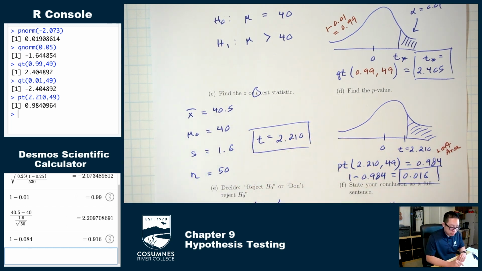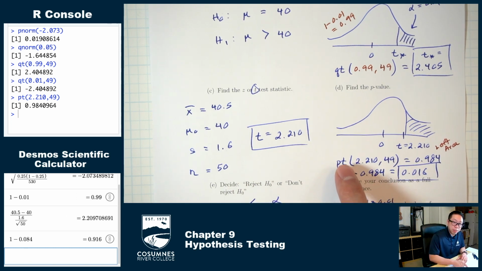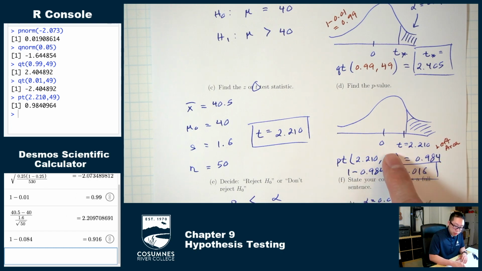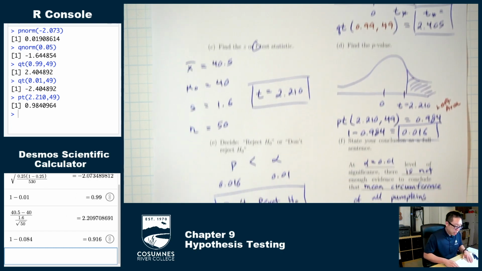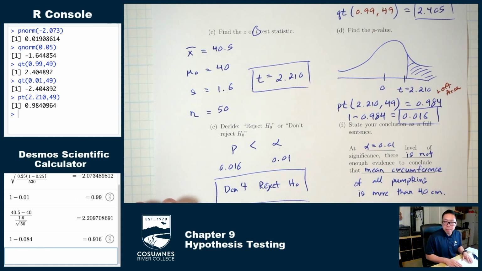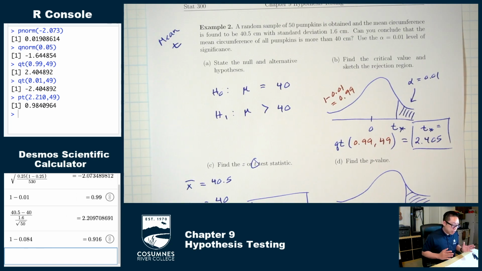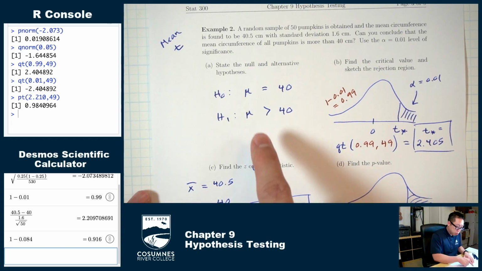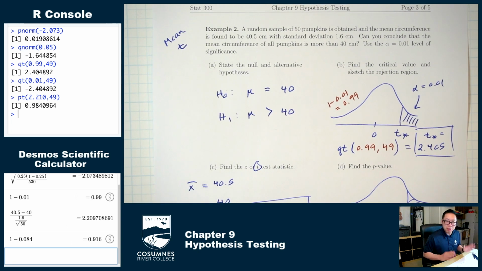In part D, since we're talking about z's, you'll be doing pnorm instead of pt, and once again, pnorm doesn't have degrees of freedom, so you'll just do pnorm and whatever your z is. And then parts E and F are going to be the same. So hopefully, even though I didn't do an example of a proportion that's shaded to the right, it's clear what you need to change.